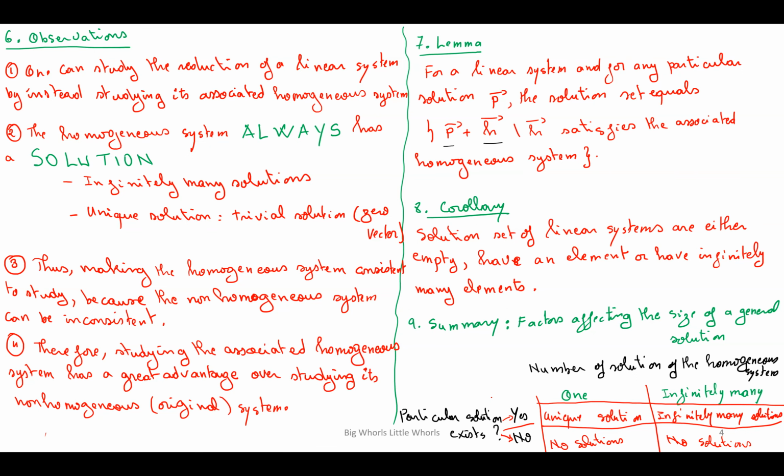So we can have information about the original system by studying the homogeneous system.